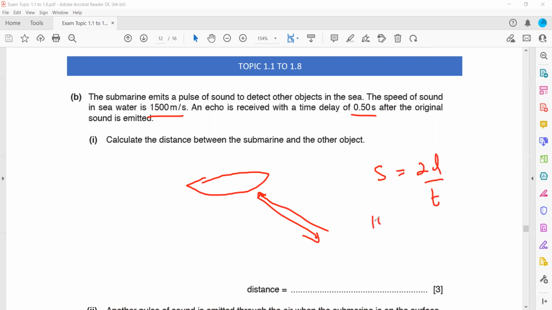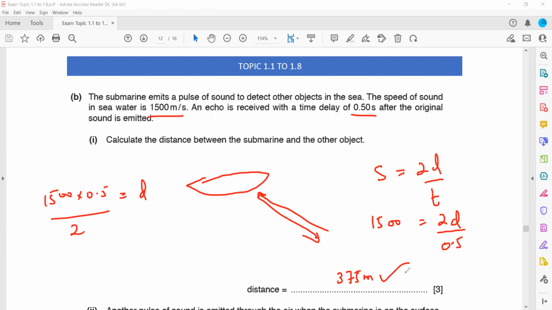The speed of sound is 1500, the distance we don't know, and the time is 0.5. So 1500 multiplied by 0.5 is 750, and 750 divided by 2 gives 375 meters, the distance between the object and the submarine.